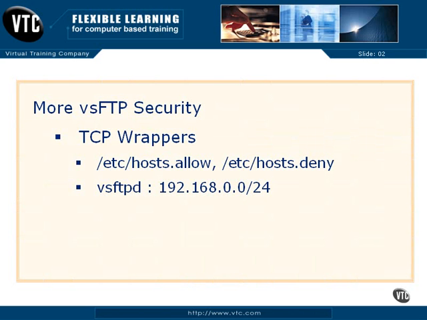Similar firewall security measures are possible using TCP wrappers. VS-FTP is a TCP service and thus can be controlled by TCP wrappers configuration files, specifically etc/hostallow and etc/hostdeny. I've discussed the configuration of these files in another video.